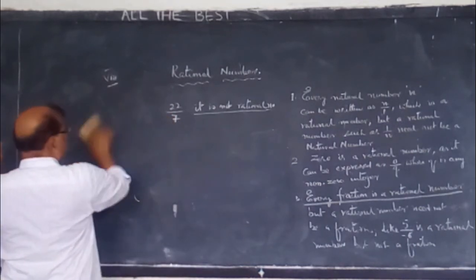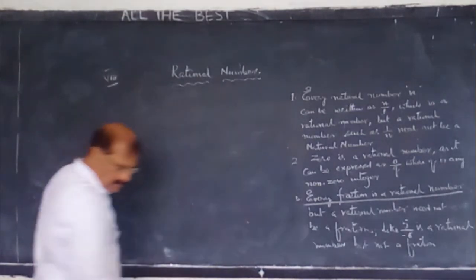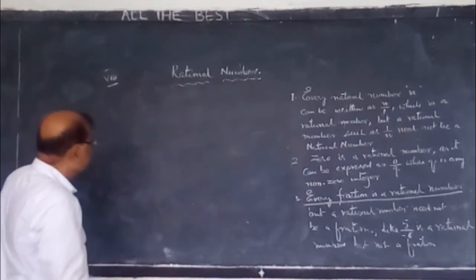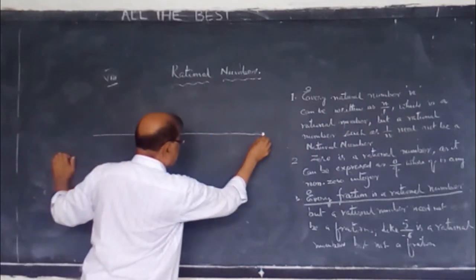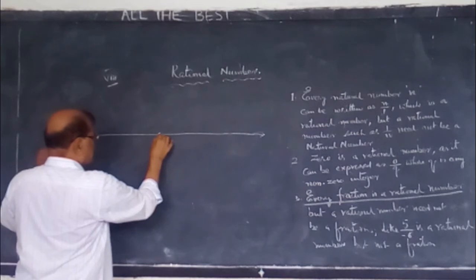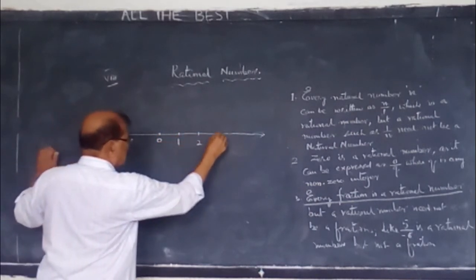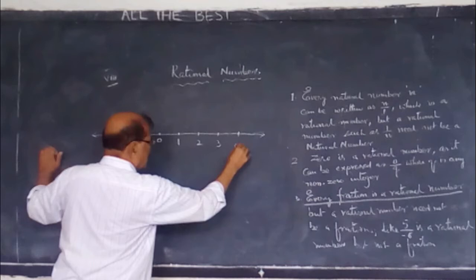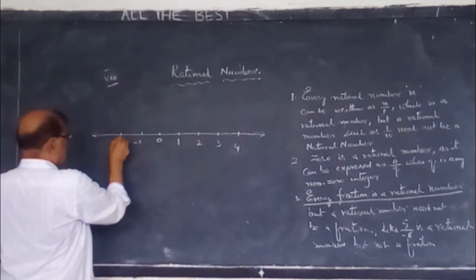How do you represent a rational number on a number line? Let us take this. So this is 0, 1, 2, 3, 4, -1, -2.